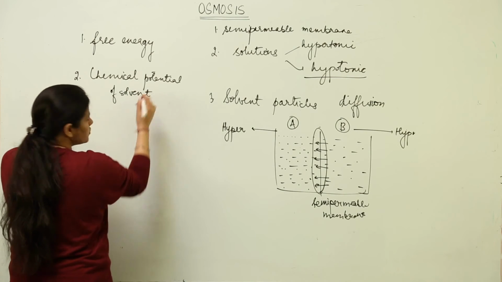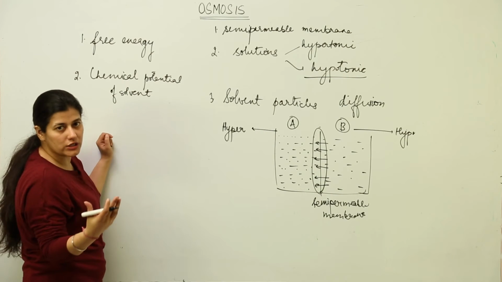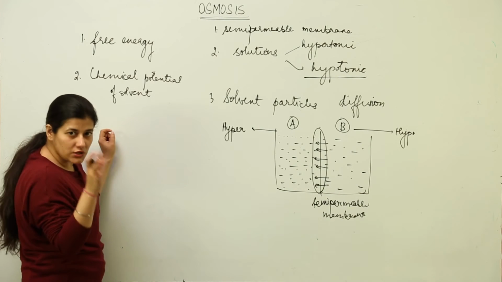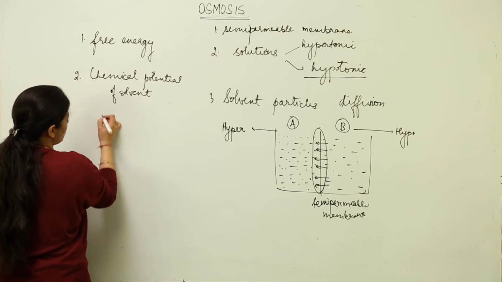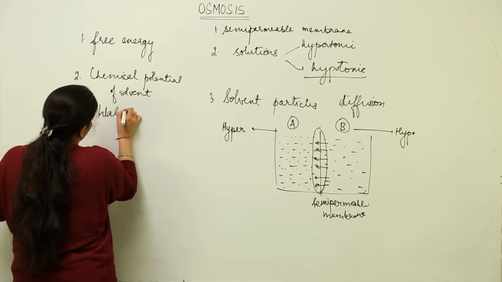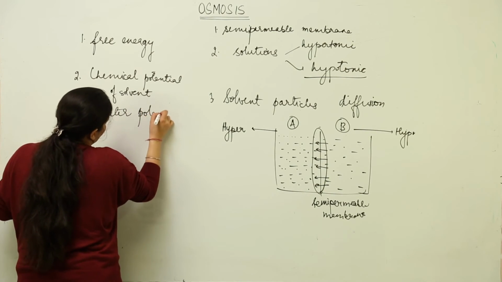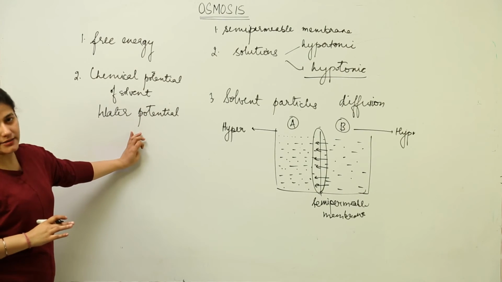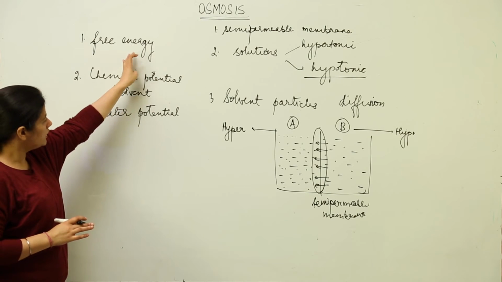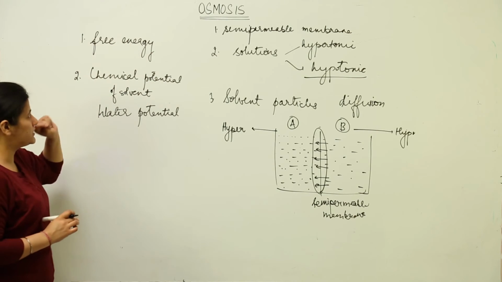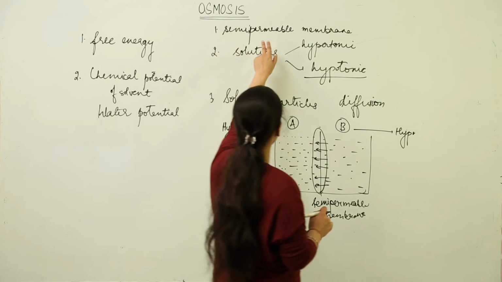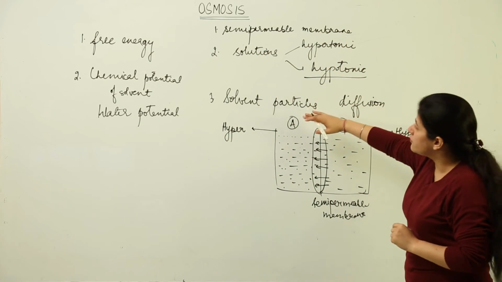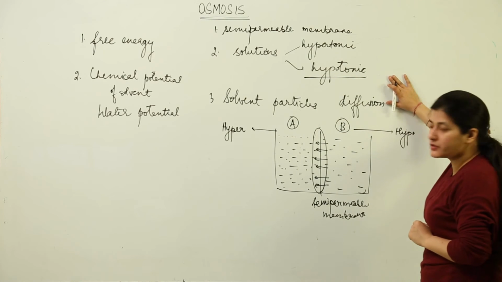And you know, in most of the living cells in the biological world, water is the most abundant solvent, it is the universal solvent. So when we talk about chemical potential, we are talking about water potential itself. So we are going to analyze the definition of osmosis in terms of these two factors. So let us see now. There would be a semi-permeable membrane, there would be hypertonic and hypotonic solutions, and there would be solvent particles whose diffusion is going to take place.